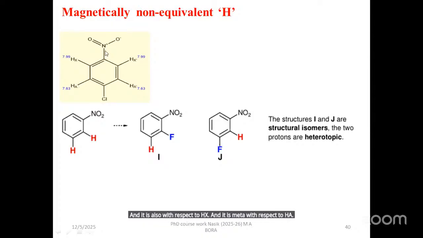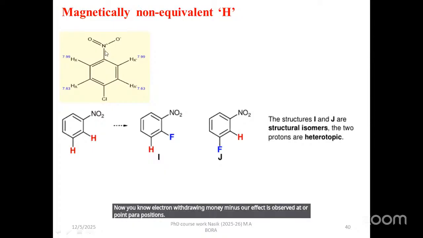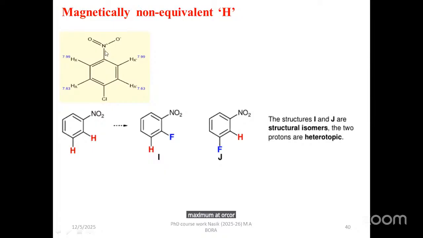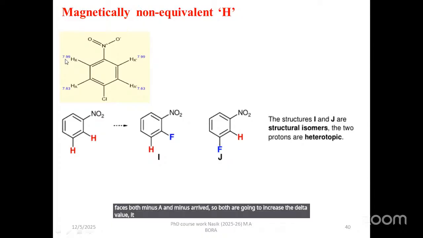Electron withdrawing minus R effect is observed at ortho and para positions, maximum at ortho and then para, because at ortho we also have minus I and minus R. So HX, which is ortho with respect to NO2, faces both minus I and minus R effects. Both increase the delta value, so it comes to approximately 8.